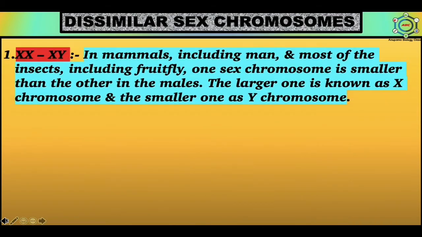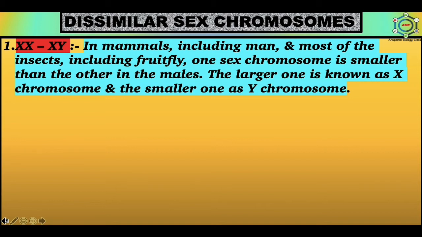Now here are the dissimilar sex chromosomes, in which there are four conditions, and the first one is XX-XY condition. In mammals, including man, and most insects, including fruit fly, one sex chromosome is smaller than the other in the males. The larger one is known as the X chromosome and the smaller one is known as the Y chromosome.